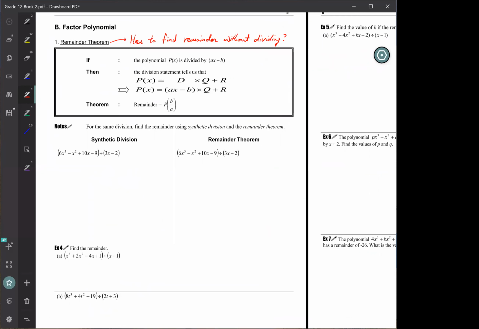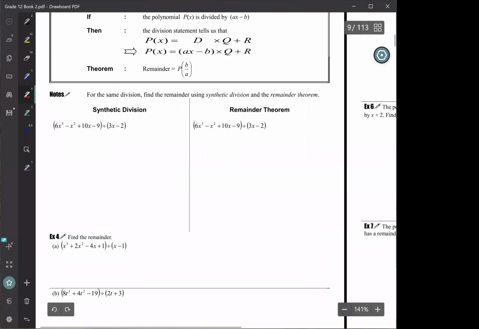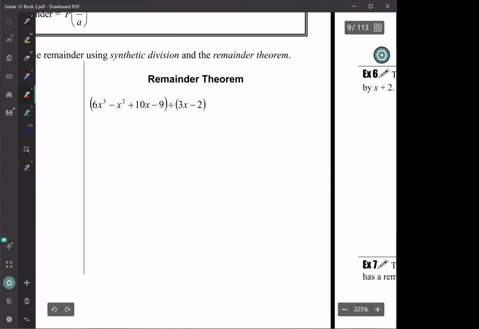So we're going to look at the right-hand side, okay? This example, remainder theorem. First thing, we're going to write out the division statement, okay? So P is the long one, right? P equals dq plus r, right?